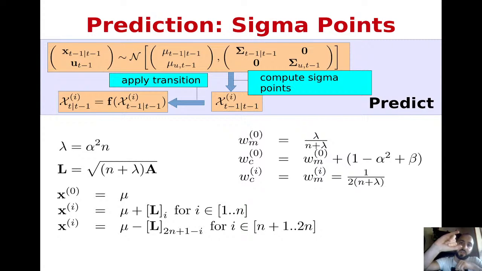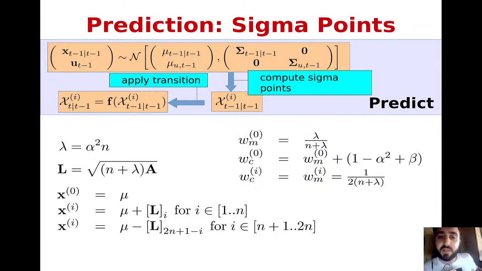So I will take the first three entries, that's my state, and then I will apply the controls following the Euler integration of the unicycle. This will move the first three entries, so the robot state, by something. The output of this function will be a sigma point in 3D, because it will be x, y, theta, that represent the robot location.